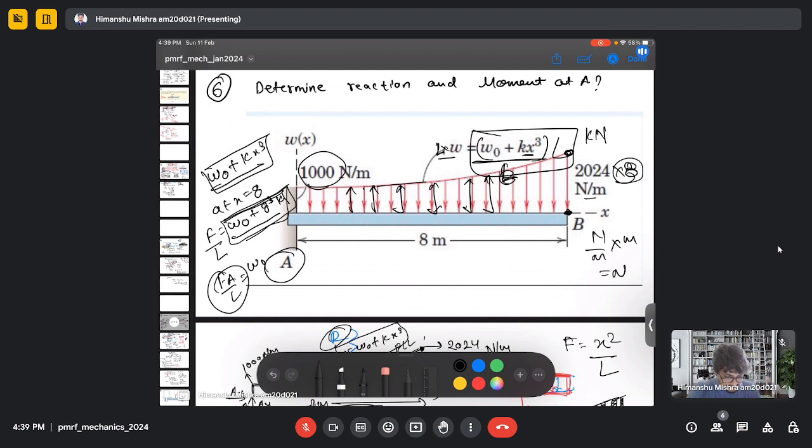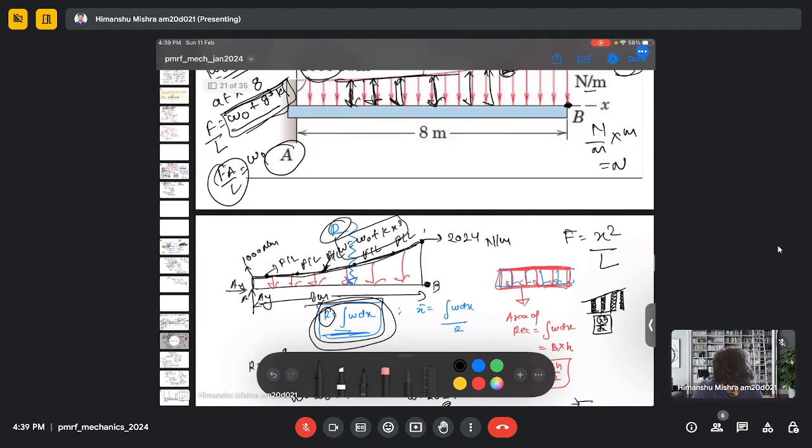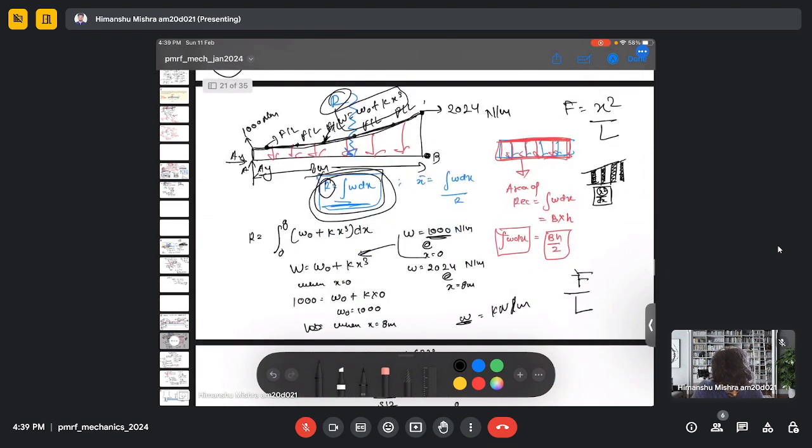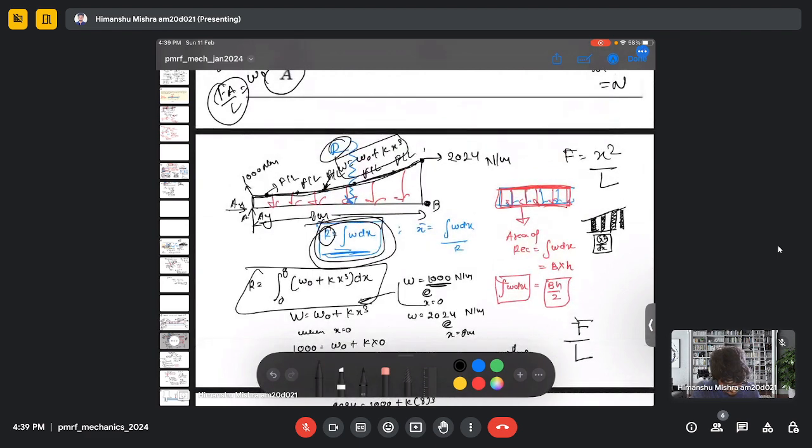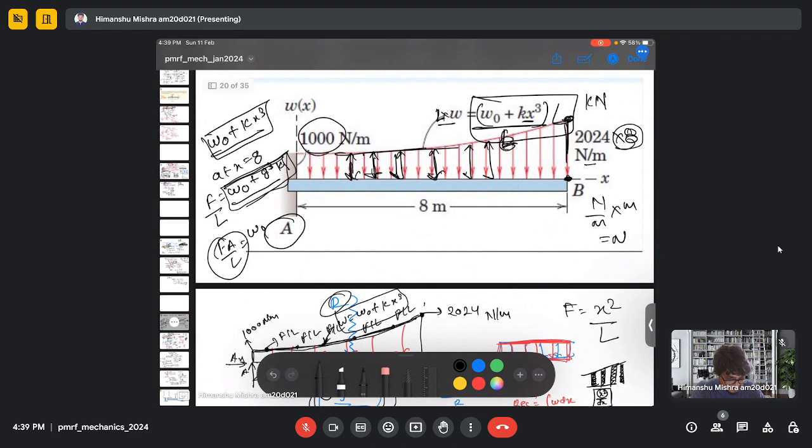And the overall force is actually given by the area under this loading. So to find the overall force at point B, you need to find the area under the curve here, because this area, which is w naught plus 8 cube k multiplied by this whole length, will give you the overall force under the B.